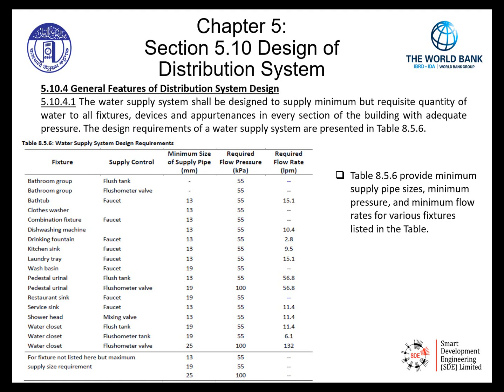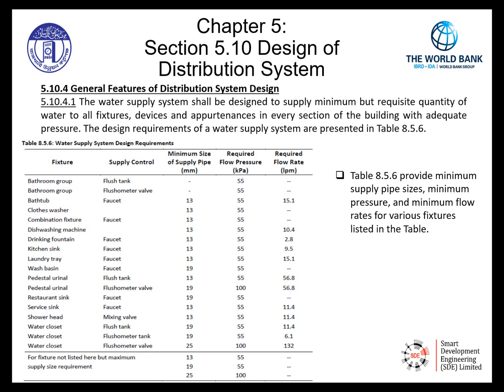The last column gives the minimum or required flow rate in liters per minute. If we look at another example of a fixture, such as a drinking fountain, the required flow rate is very low, as can be seen here at 2.8 liters per minute. If we pick another fixture, such as a shower head with a mixing valve, the required flow rate at a minimum must be 11.4 liters per minute.